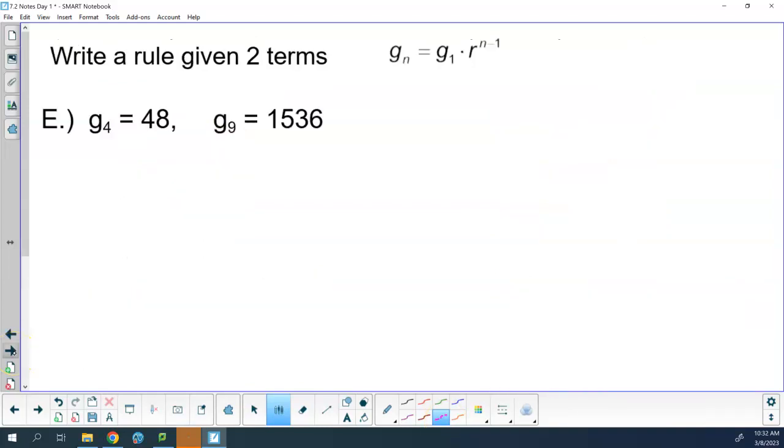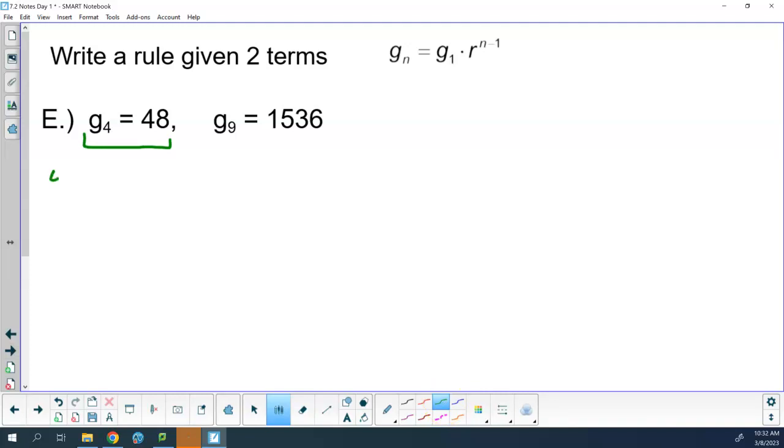Third style of problem, 2 terms. Same as the last one, we can do the same kind of problems that we did with arithmetic. So now what you've got to do is set up a rule for this one.